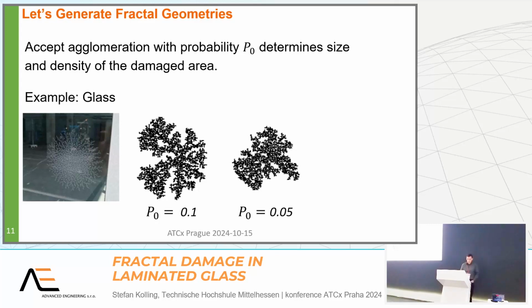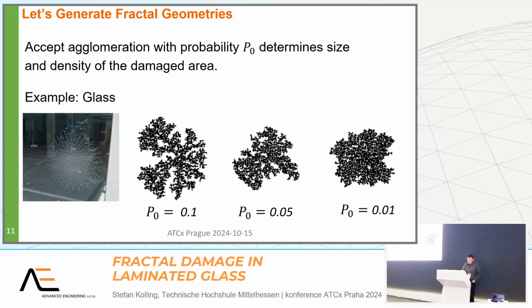So the probability of 0.05 is a little bit more dense than this probability of 0.01. The smaller the probability, the denser the surface.